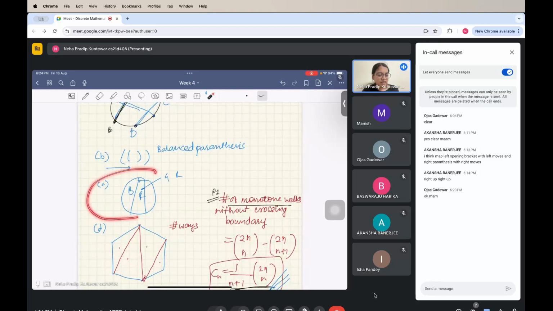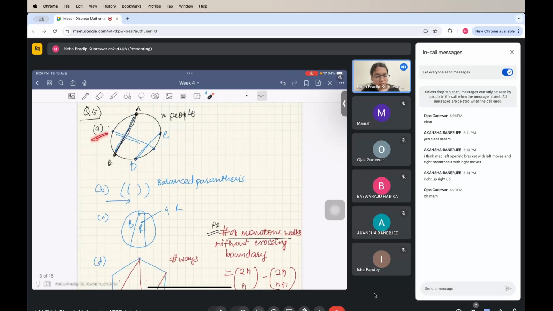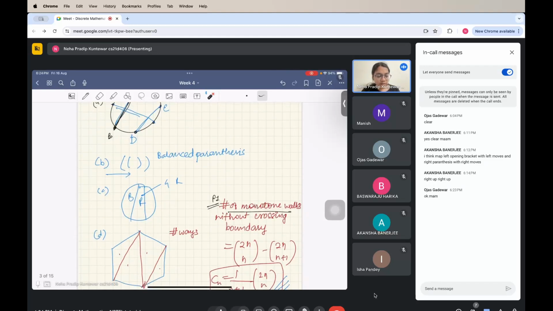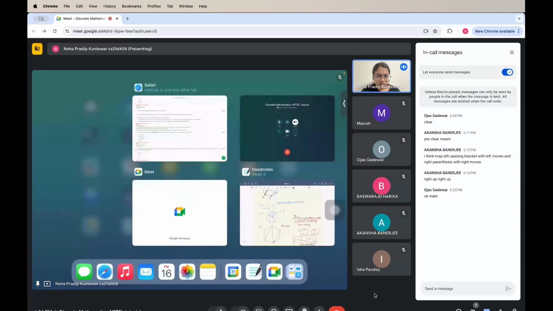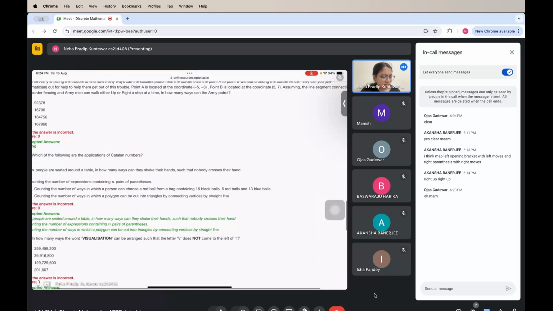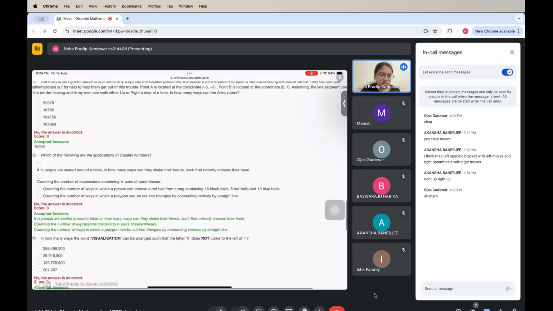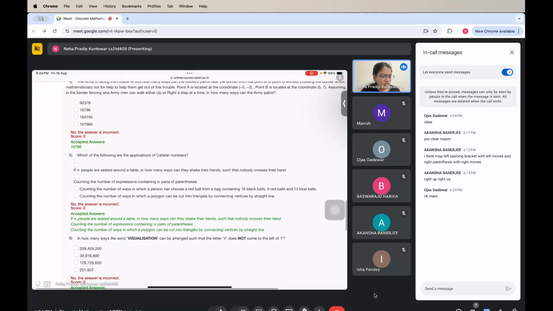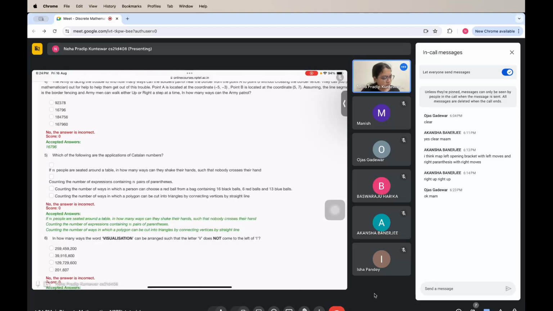So we saw a bijection from B, and I'll leave it as an exercise for you to try bijections from A and D. C you would not be able to do, because obviously the answer is not a Catalan number. So I hope that part was clear. It's just a counting problem where you have 16 black balls, 6 red balls, and 13 blue balls, and you're just picking a red ball from it.